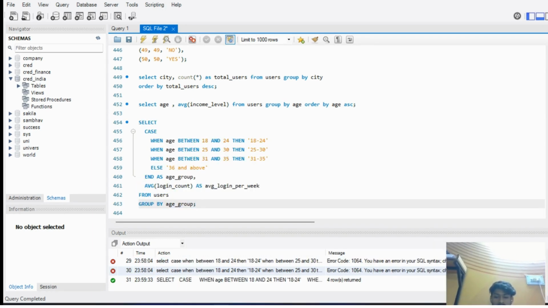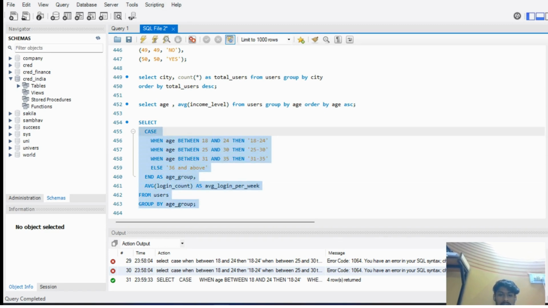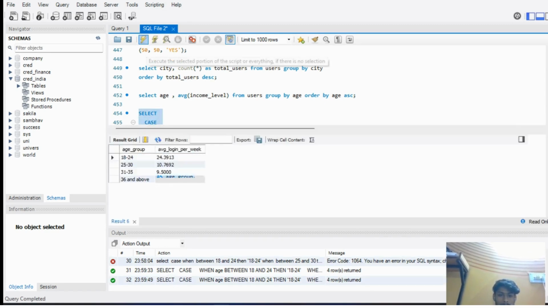I changed the edits, and all the needed changes are made. So let's run this. And finally, here we can see that for the age group of 18 to 24 the average is 24, for 25 to 30 it is 10, for 31 to 35 it is 9.5.